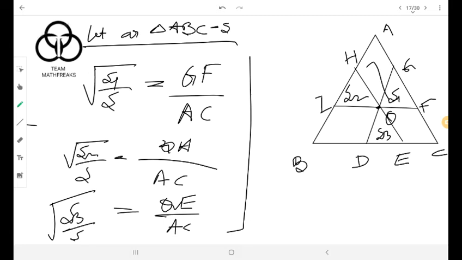Now you just think, this line is parallel to this line is parallel to this line, this is a parallelogram. This line is parallel to this line parallel to this line, this is a parallelogram. This is equal to this part, and this line QE equals FC, so FC over AC.